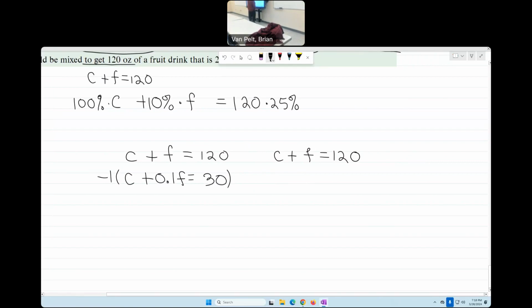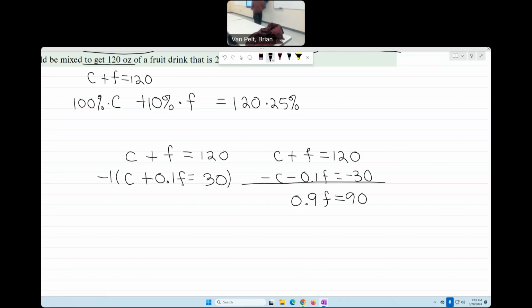And on the bottom, I get negative C minus 0.1 F equals -30. Add them together, I get 0.9 F equals 90. What does it tell you about that? F equals 100. Is it really? Yes.